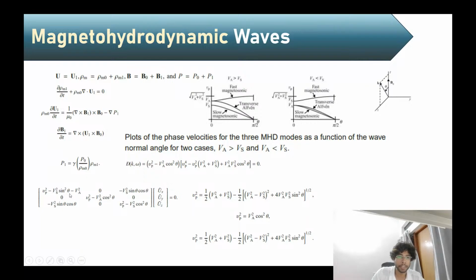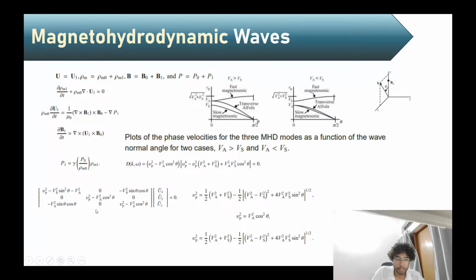The complete general analysis of the fast and slow magnetic sonic waves will be difficult, so we just do this analysis at different angles. Let's first take theta to be 0, and then we'll do the analysis for theta equals pi by 2.